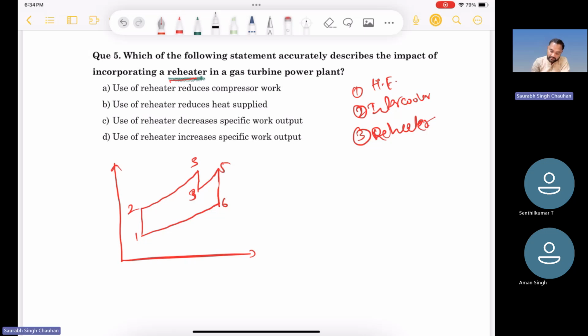This is the first turbine, and 4 to 5 is reheating. And there are two turbines, 3 to 4 and 5 to 6.